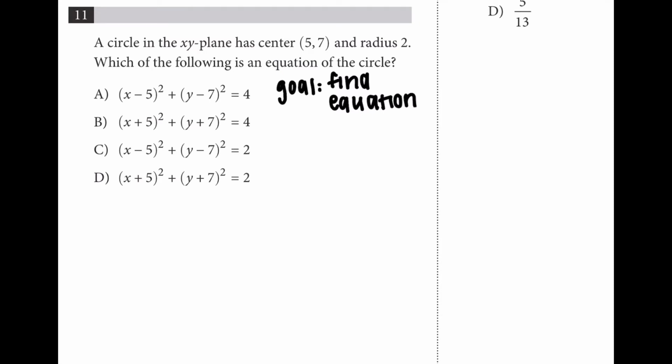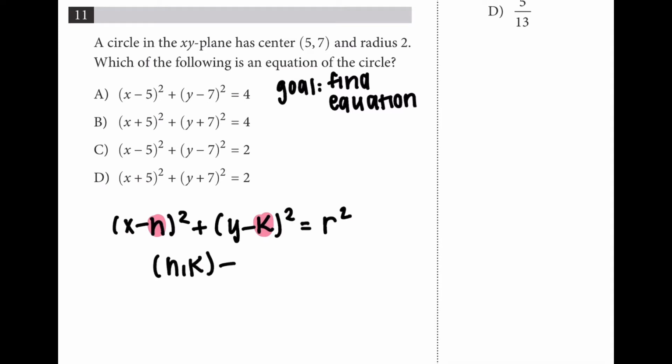Okay, so the general formula for a circle is given as (x minus h) squared plus (y minus k) squared equals r squared. And this looks a little confusing, but you know x and y, those are just going to be some values on the x and y coordinate plane. h and k, those are going to represent the center of the circle, so the center point.